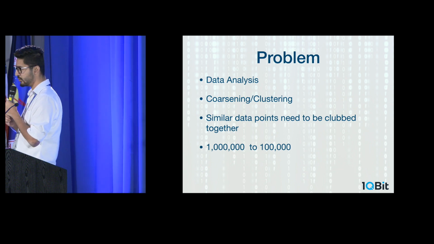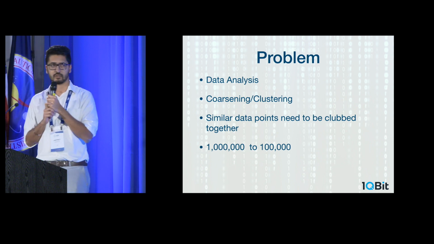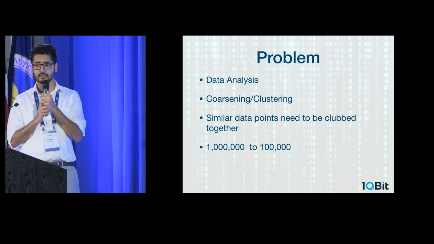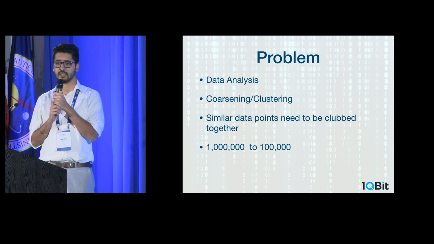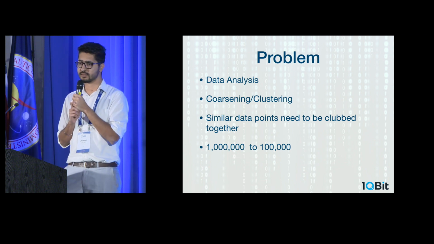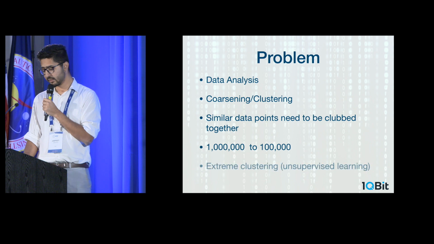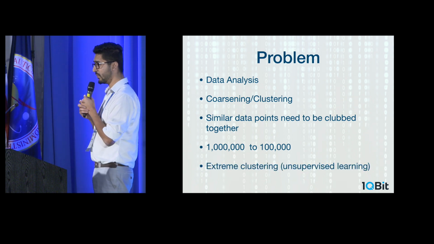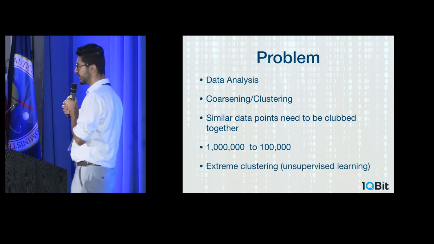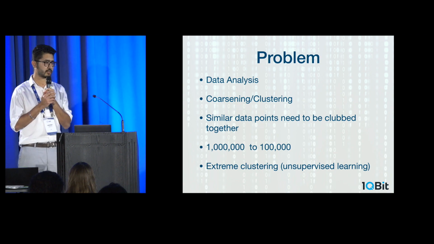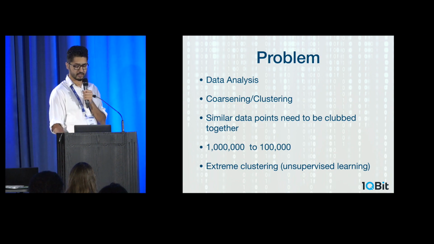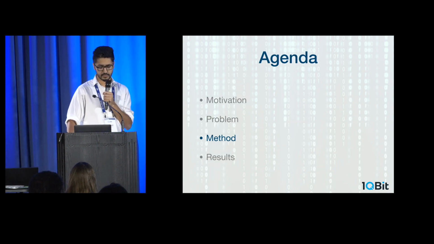What you're really trying to do is slowly go down. So for something like 1 million to, let's say, 100,000, if you see an interesting pattern, you want to analyze it there. If not, then you go further down. This particular clustering, where the number of clusters is also very high, is called extreme clustering. And of course, it falls under unsupervised learning.